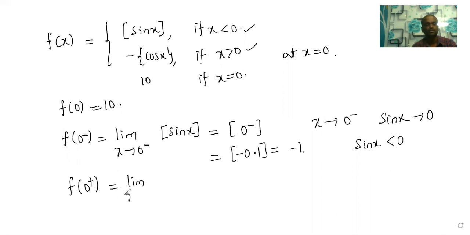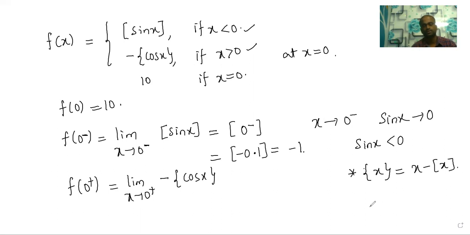Next I'm calculating the right hand limit. So limit x tends to 0 plus of minus fractional part of cos x. Basically, the fractional part of x can be written as x minus box of x, or step function of x, or greatest integer function of x. If you replace x by cos x, you'll get cos x minus box of cos x.